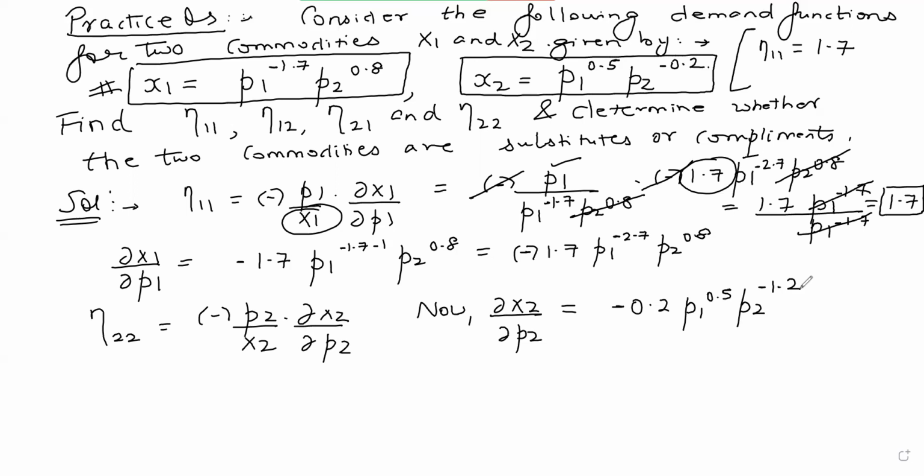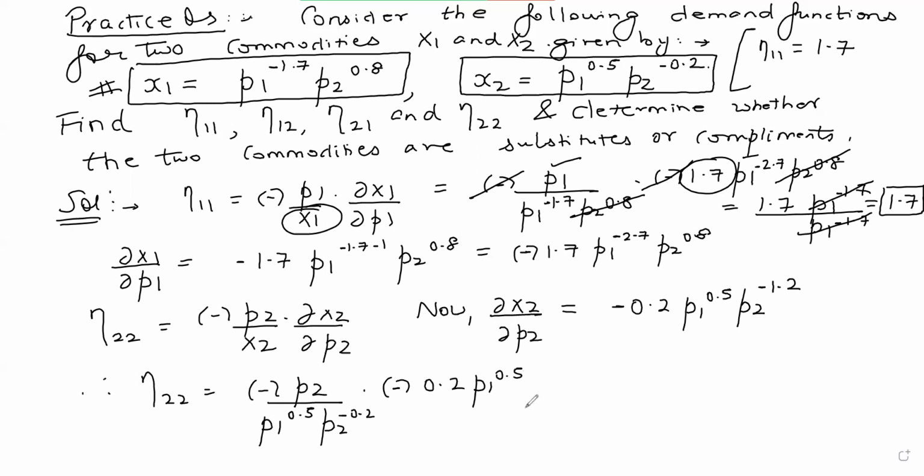This is del x2 by del P2. Therefore, eta 22 will be minus P2 over x2, which is P1 to the power 0.5, P2 to the power negative 0.2, times del x2 by del P2, which is minus 0.2, P1 to the power 0.5, P2 to the power negative 1.